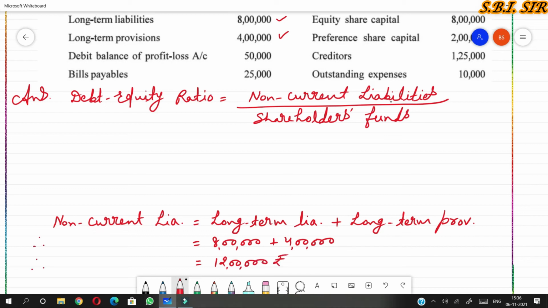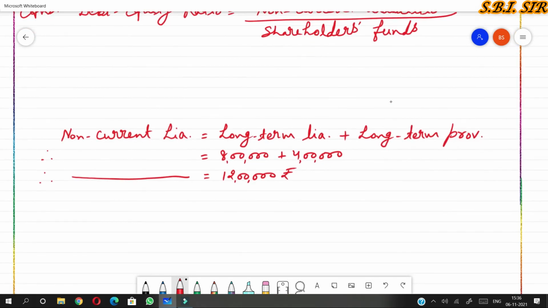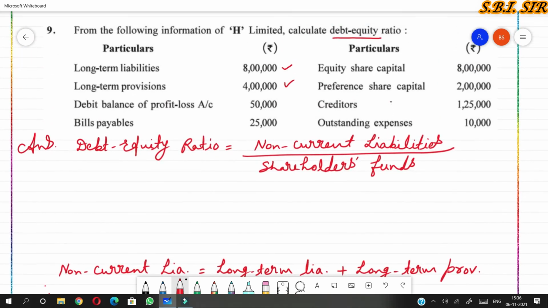Then we have to find out shareholders funds. Shareholders funds equals, here equity share capital is given, preference share capital is given, and debit balance of profit loss account is given.